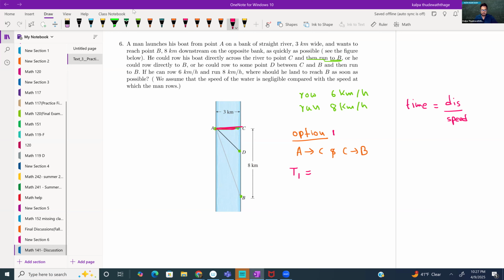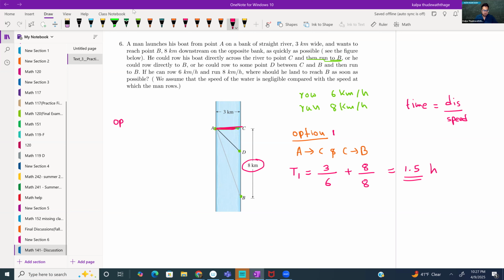Distance is 3 kilometers, and here he rows the boat, so the speed is 6, plus he has to run 8 kilometers down from C to B, so the speed is 8. So basically it's 3 over 6 plus 8 over 8, which is 1.5. Is it correct? Let me see. 3 kilometers divided by 6, and 8 kilometers divided by 8. So it's 1.5 hours.